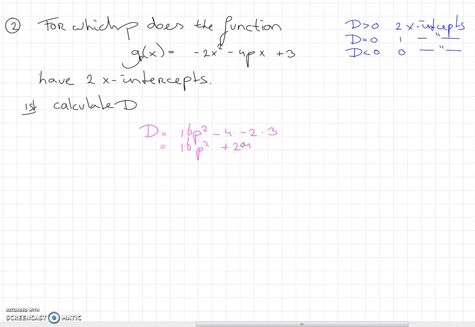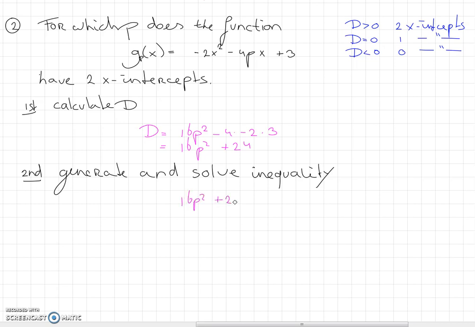Now that we know the discriminant as a function of p, we can generate the inequality where d is larger than 0 to solve this question. So we have to solve when is 16p squared plus 24 larger than 0.